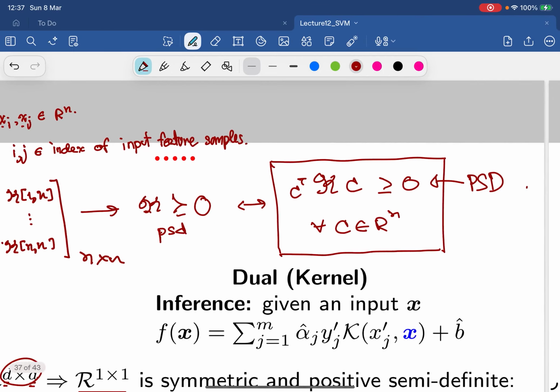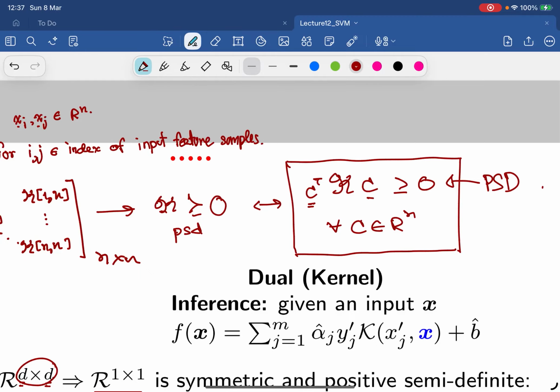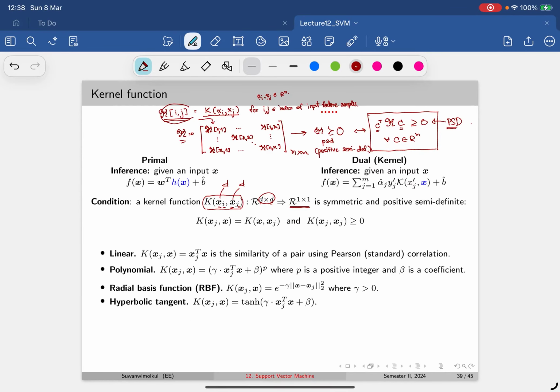In other words, for any vector c in Rn, if you multiply c transpose with the Kappa matrix and multiply again with the vector c, we will always get a value that is greater than or equal to 0. That's the definition of positive semi-definite, and that's the condition of a kernel function.